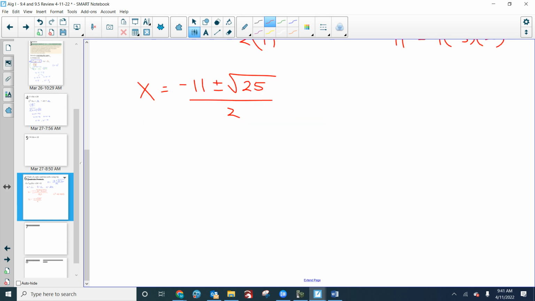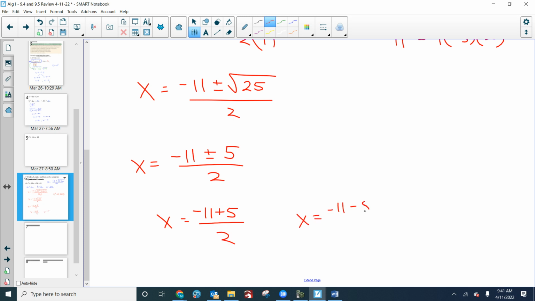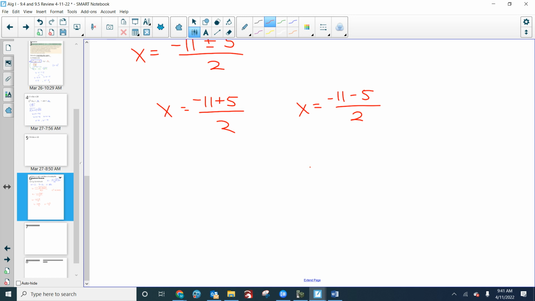All right, we've got x equals negative 11 plus or minus 5 over 2. We have negative 11 plus 5 over 2, and negative 11 minus 5 over 2. What's negative 11 plus 5?